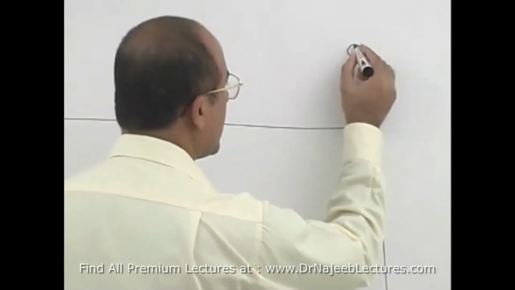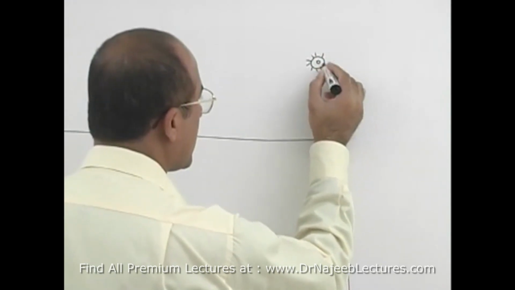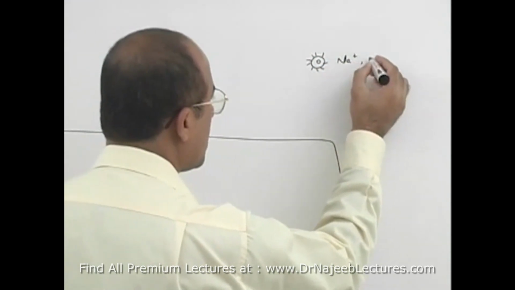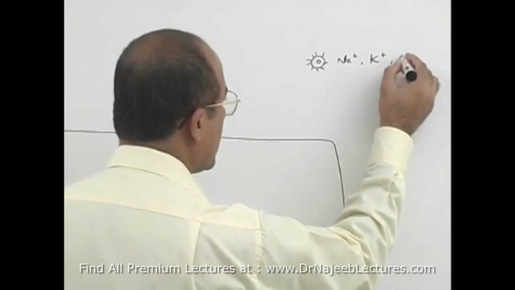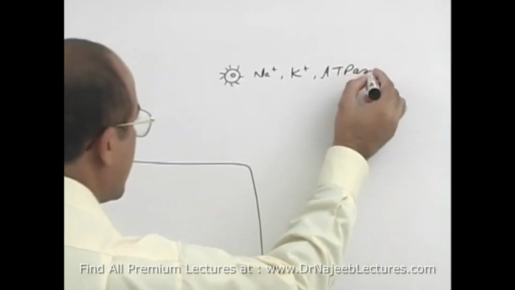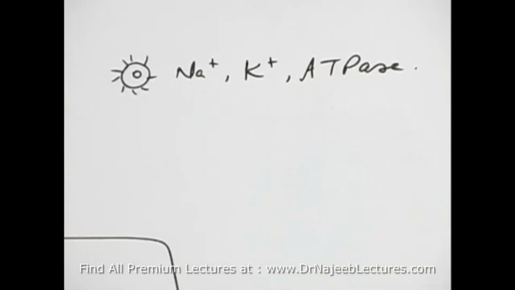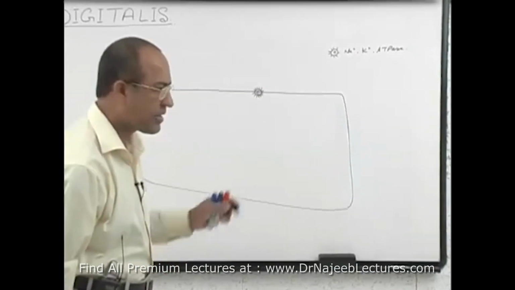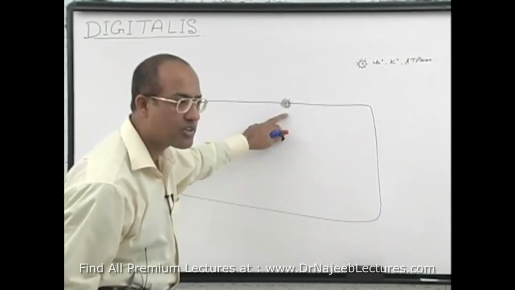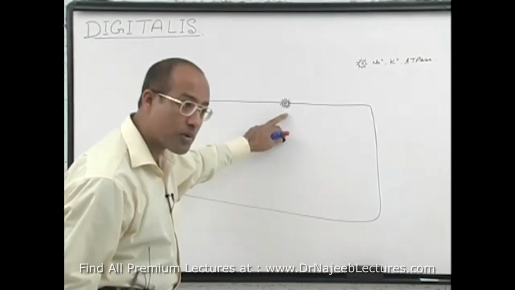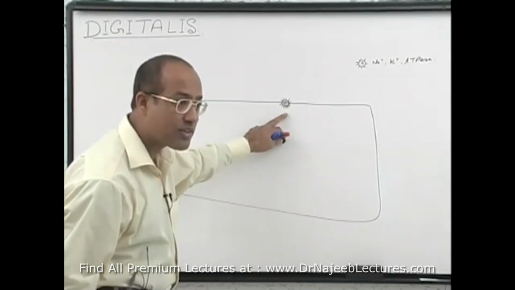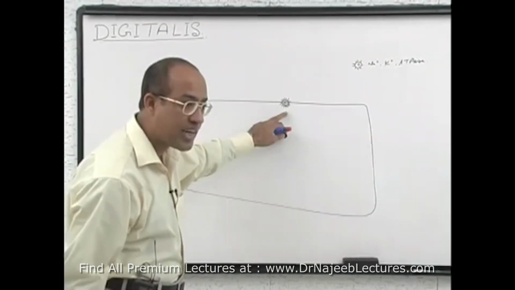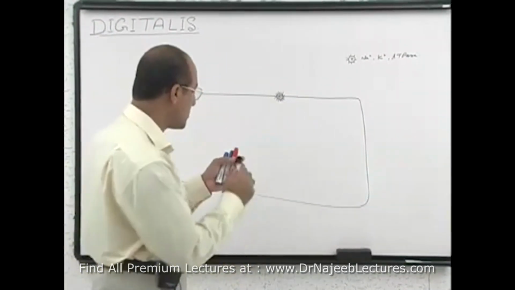Is this doing primary active transport or secondary active transport? It is primary, because whenever there is active transport using ATP directly, that is primary active transport.